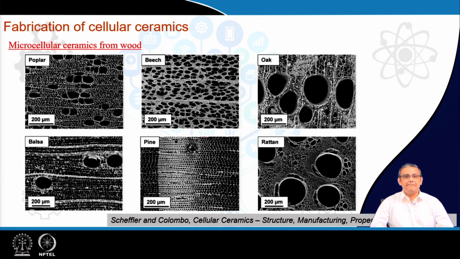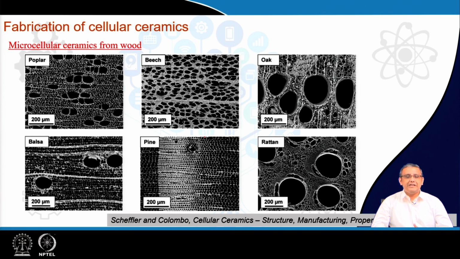That means, as I mentioned in the previous lectures, many of the natural materials actually possess a graded morphology. That means the microstructure varies as we move from one point to another along at least one direction. And as you can see in these microstructures, the gradation is very much observable in these images.